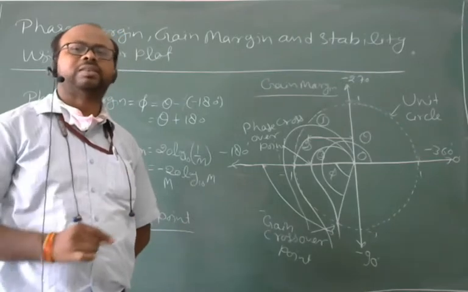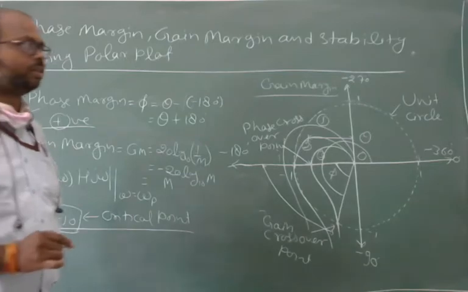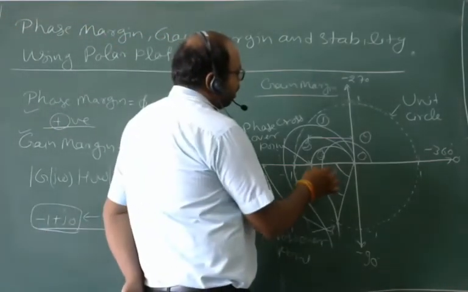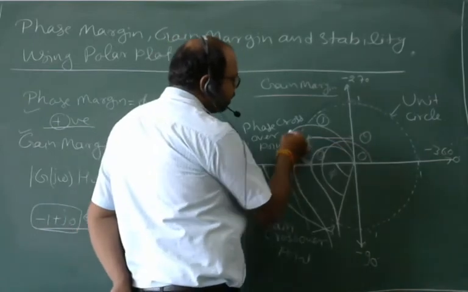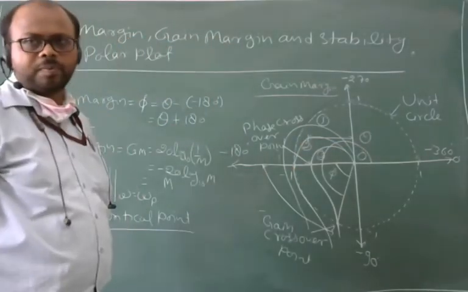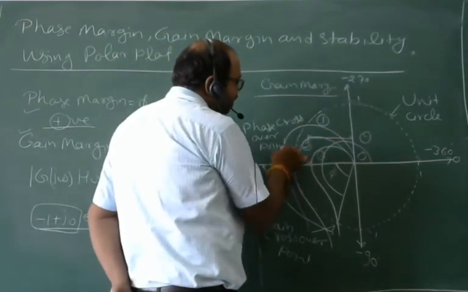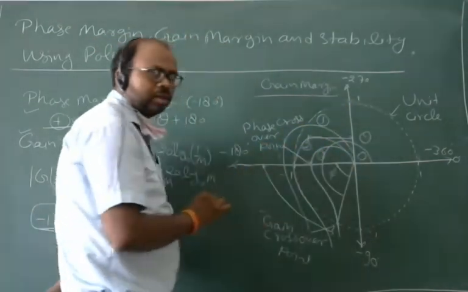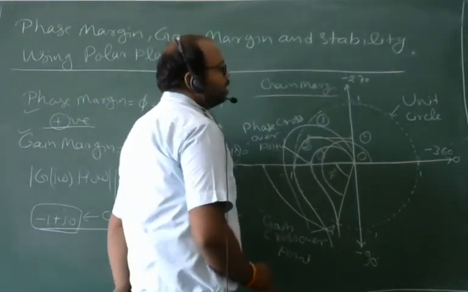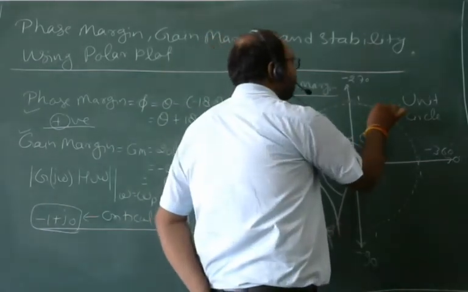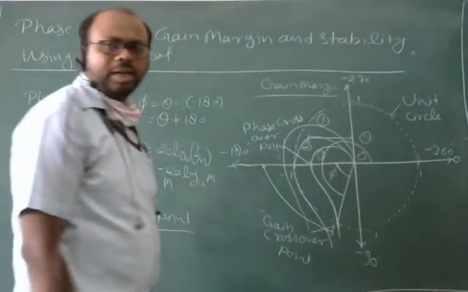One more thing we can say from the polar plot for the instability of the system. Whenever this point is inside this polar plot, the unit circle will intersect this polar plot either in the second quadrant or in the first quadrant or in the fourth quadrant.